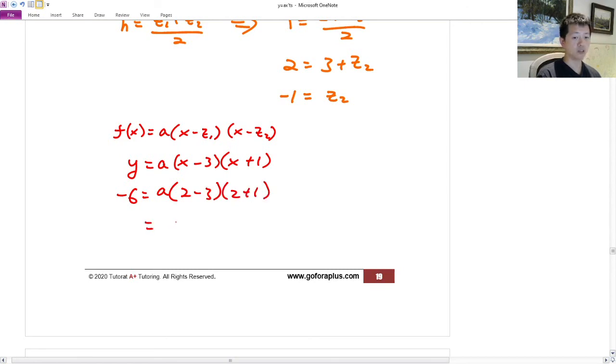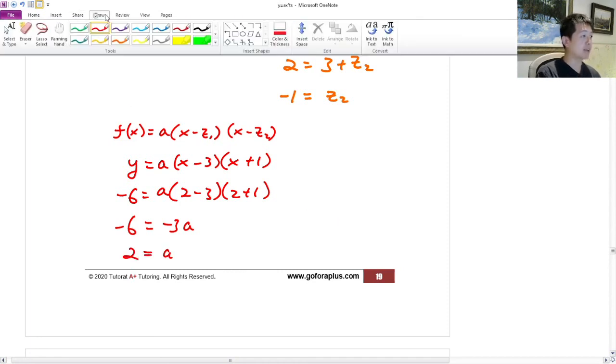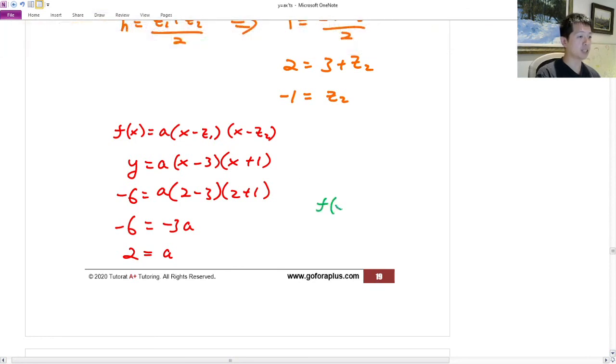And this is going to give me minus 3a, because 2 minus 3 is minus 1, and 2 plus 1 is 3, so that's minus 3. So on the other side is minus 6, we'll divide by minus 3 on both sides, so I'll have a equals 2. Now with that, I have my answer as f of x equals 2 times (x minus 3)(x plus 1).